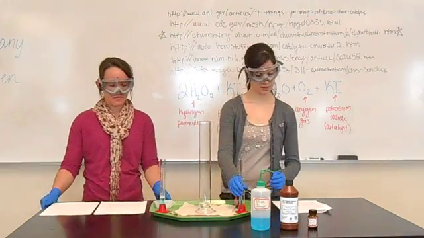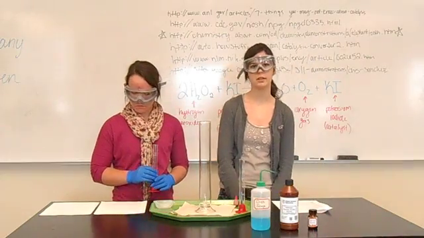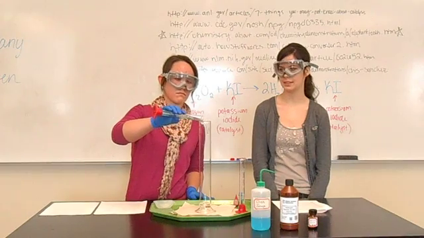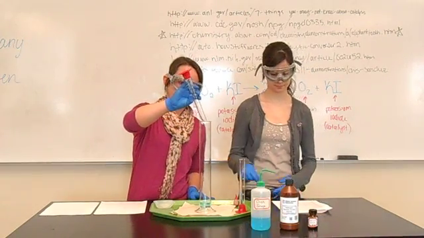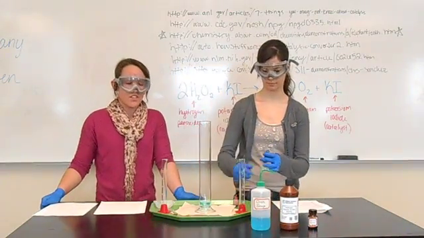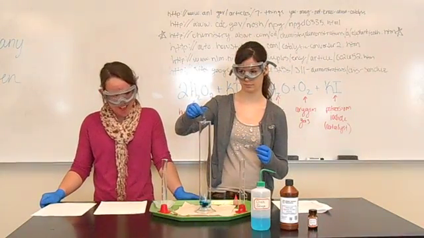In the original experiment, it only requires about 1.5 milliliters of dishwashing detergent, but for visual effect today, we're going to use about 15 milliliters. For color, so that you can see the bubbling and fizzing, she's going to add red and blue.